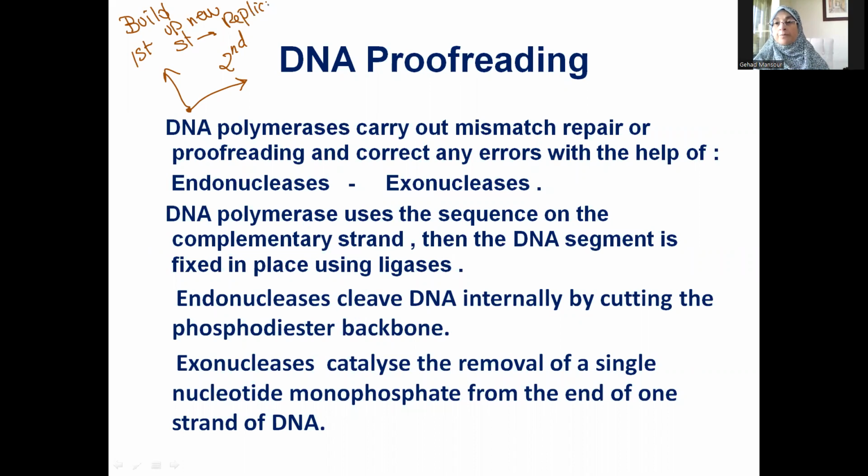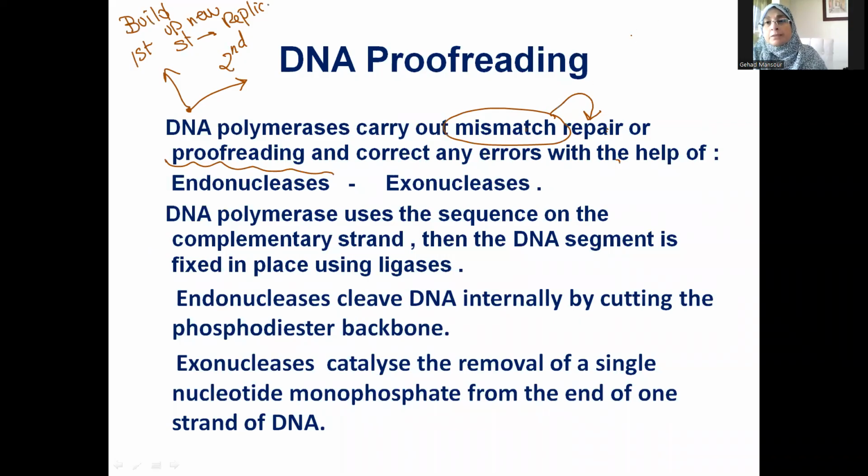But you cannot build new strands of DNA and help in replication without making sure that what you did is okay and that there is no mismatch. So if there is any kind of mismatch, there would be mismatch repair. And this is what we call proofreading. Mismatch repair, meaning correction of any mismatch.